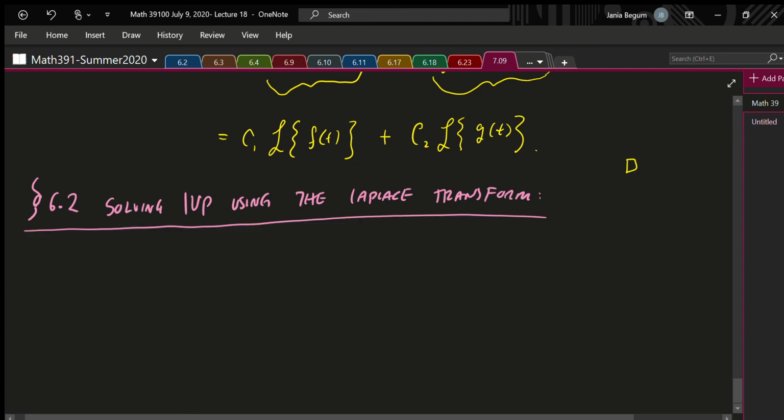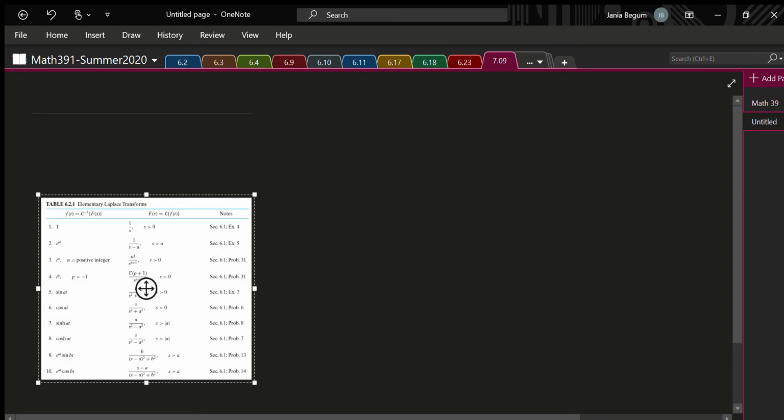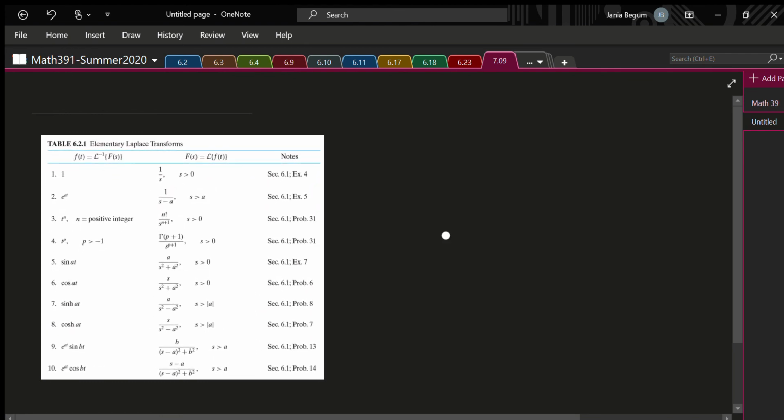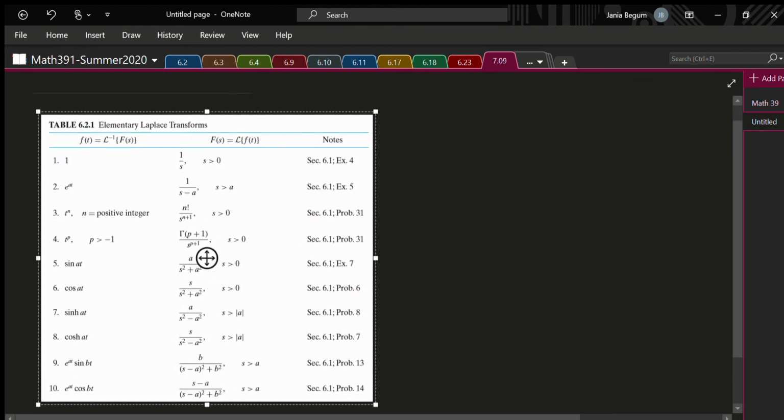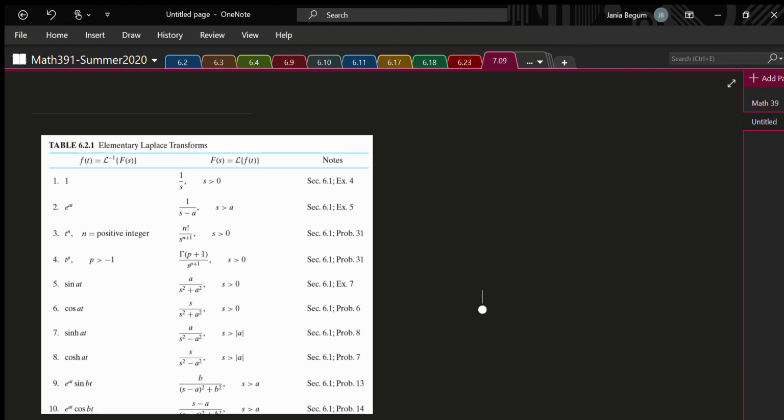This is a really nice method we can use for finding solutions to differential equations. But for this, we're going to need a table, okay? And the table that we're going to use is right here. I'm going to put this on the document as I go along. But check this out quickly, so hopefully this will make you see things a little better.